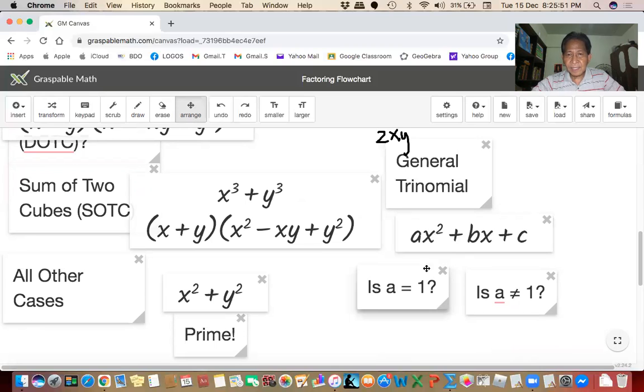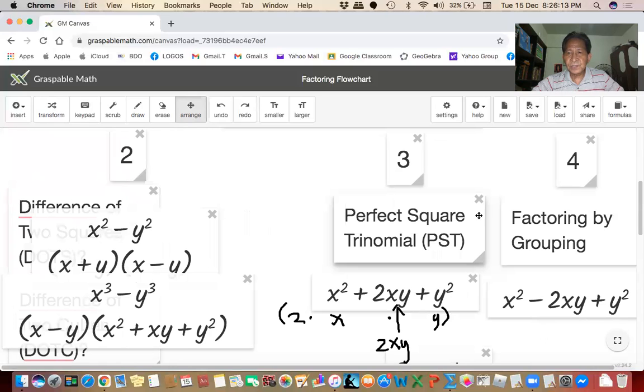Now here, when factoring a general trinomial, you'll have to consider whether a is 1, meaning the coefficient of the first term is 1, or it's not 1. So there are special techniques for factoring this if a is equal to 1 and if a is not equal to 1. We'll discuss that in a future video.